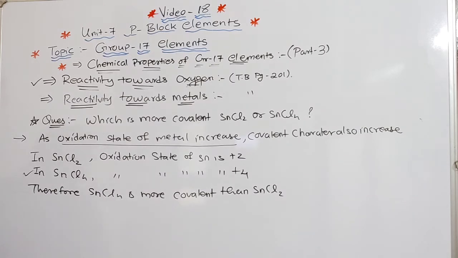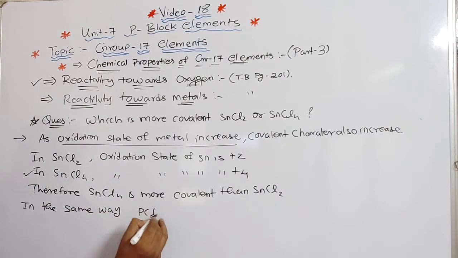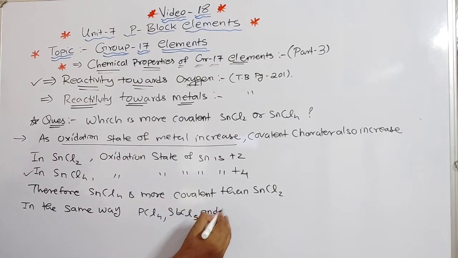Now in the same way, you can see in your textbook PCl5, SbCl5 and UF6. Clear? Now in this, you have to see the oxidation state of metal.